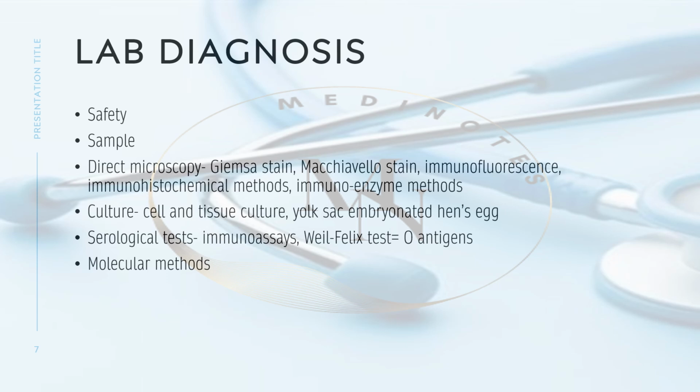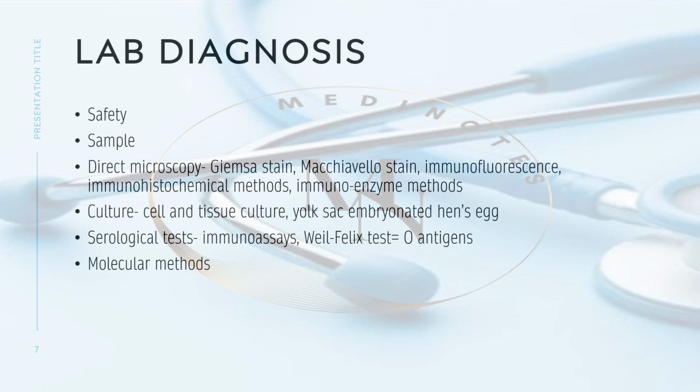The Weil-Felix test over here would use O antigens of certain non-motile Proteus strains, and this agglutinates against the O antigens. The strains that we use over here are OX19, OX2 and OXK.